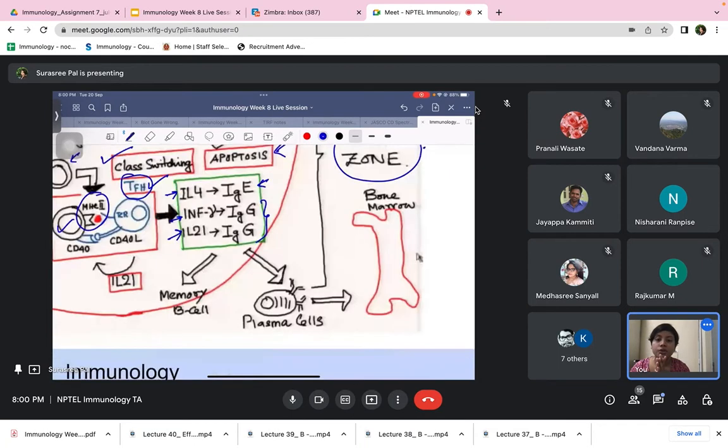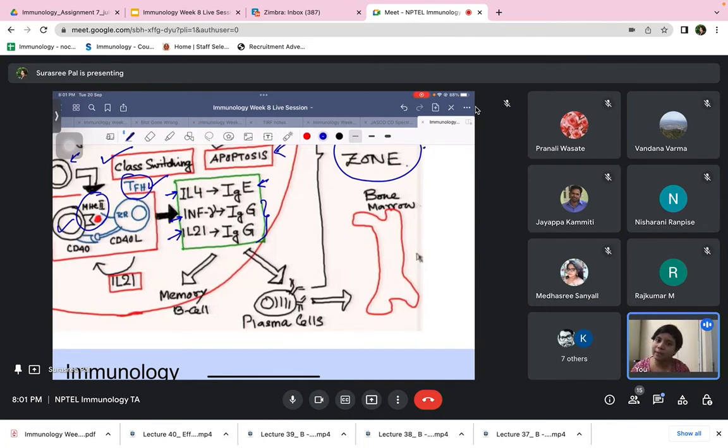So if you take in consideration one particular B cell which is interacting with the TCR, with the help of the T follicular helper cell, this particular B cell will either produce IgE or IgG or other types of immunoglobulins, right? So suppose the T follicular helper cell is giving IL-4 signal and it is able to express IgE.